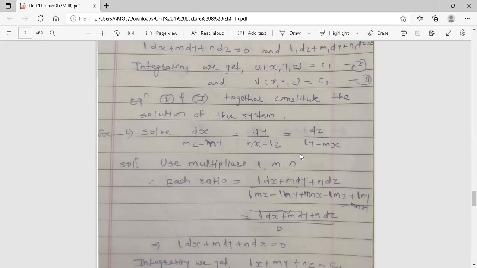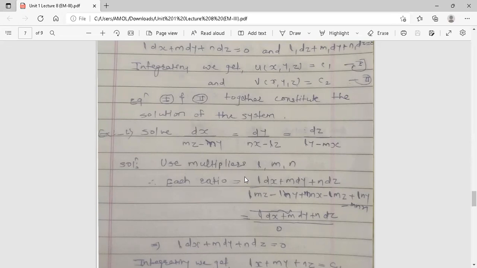Now you choose the multipliers so that after multiplying by them, if you add all the terms in the denominator, the denominator must be 0. Here use multipliers l, m, n.